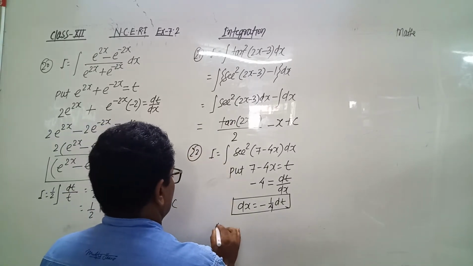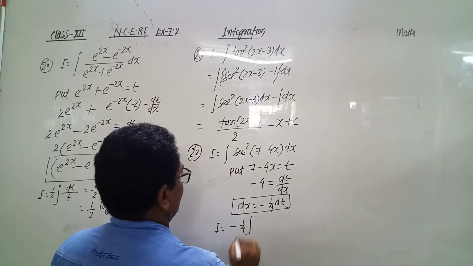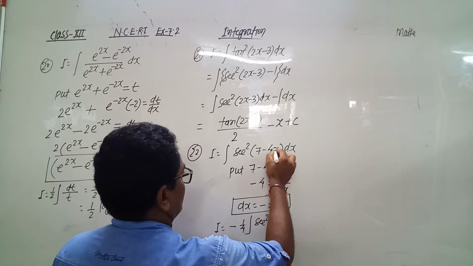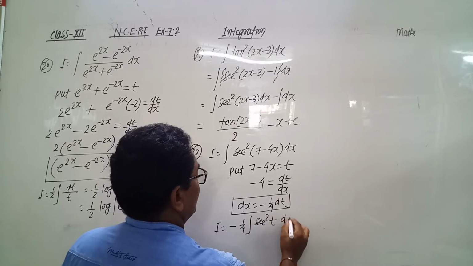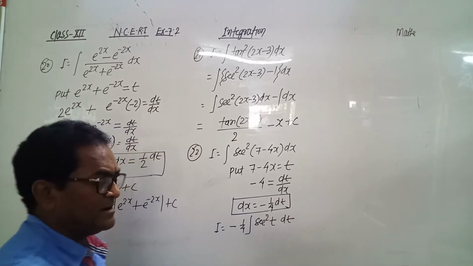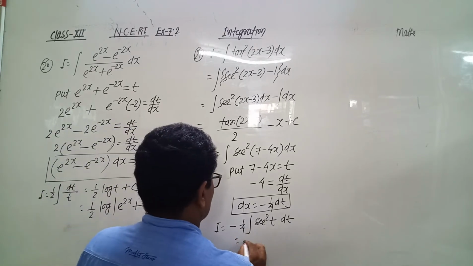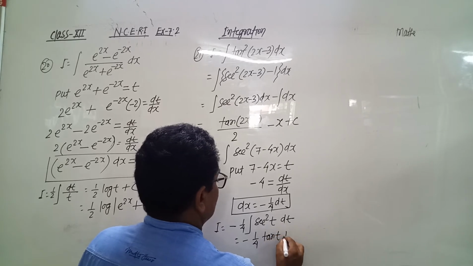So I equals minus 1 by 4 integration of sec square t, and dx is written as minus 1 by 4 dt. And integration of sec square theta is tan theta. So minus 1 by 4 tan t plus c.